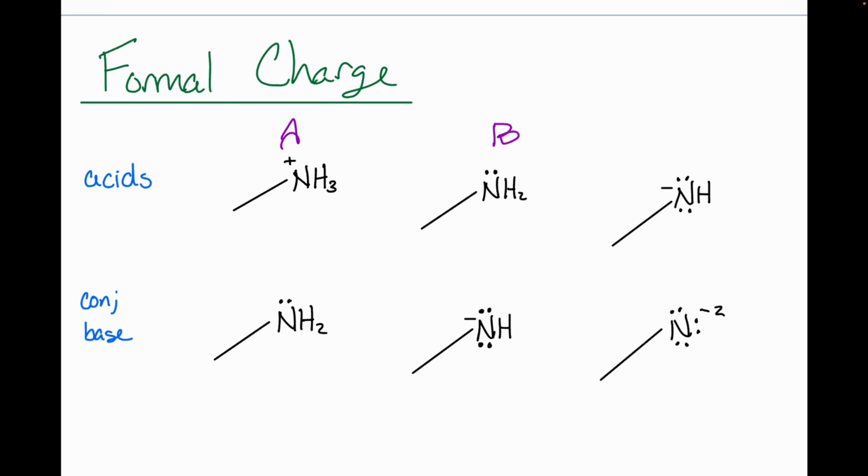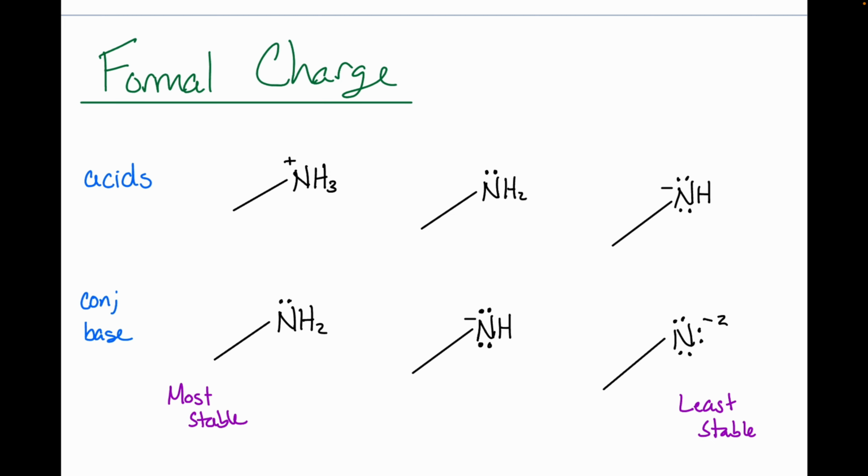So this is the most stable. And we didn't even talk about bonding patterns with a -2 formal charge, because you're just never going to see it. This guy over here is very unstable. That's what makes this our stronger acid, and this one over here our weaker acid.